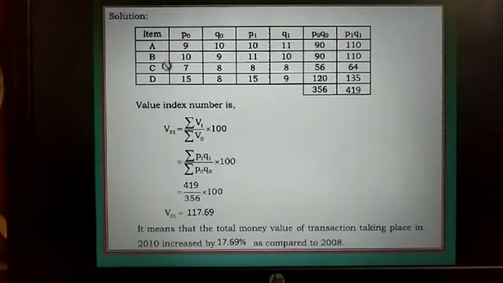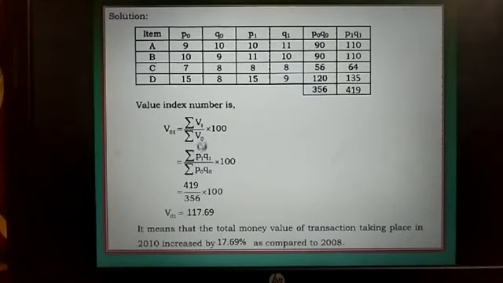So here is the calculational table. Here P0, Q0, P1, Q1. These four columns are already given in the question. We need to calculate P0Q0 and P1Q1 because value index number is sum of V1 divided by sum of V0 multiplied by 100. This sum of V1 is nothing but sum of P1Q1.